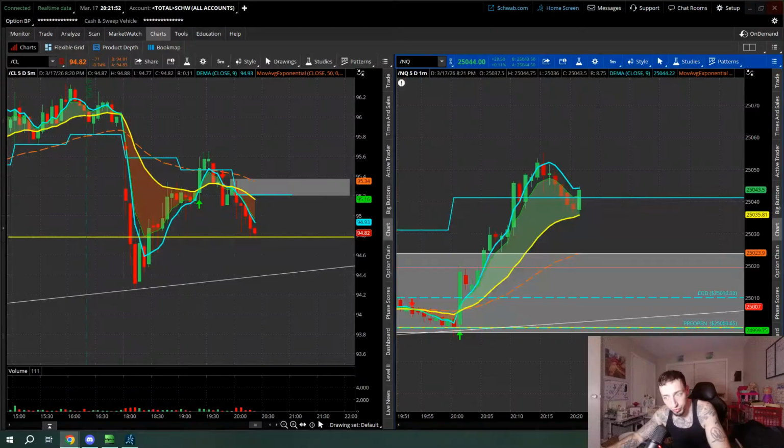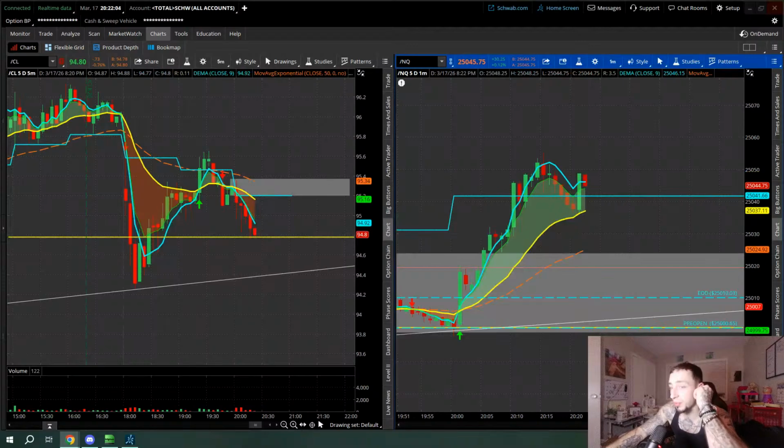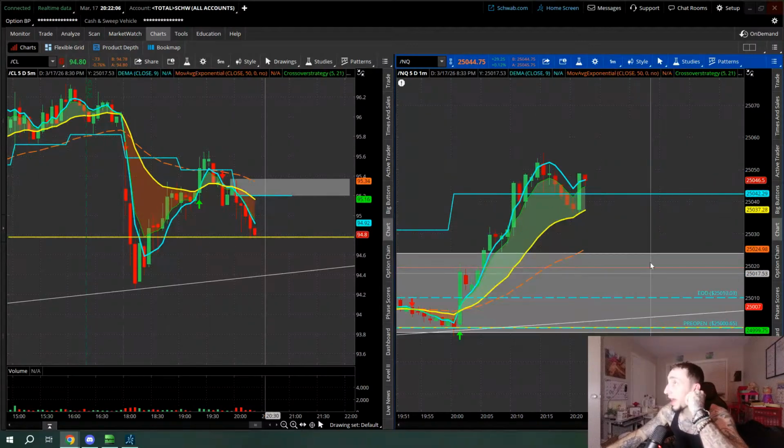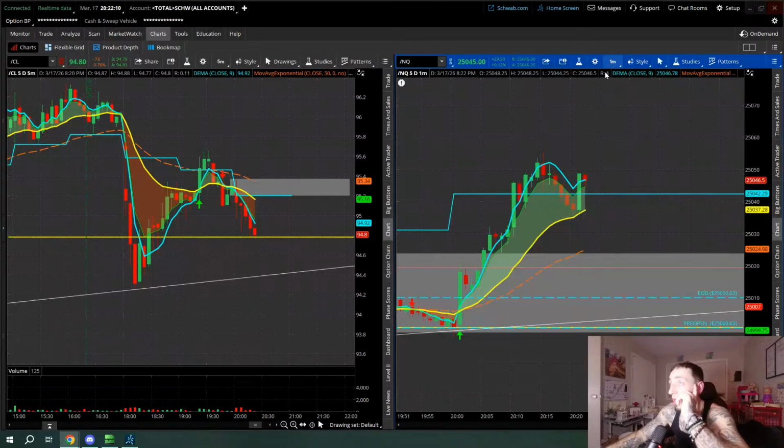Oh yes, right off the key level. How do I want to play this? Watch the pullback. I'm watching NQ, potential long play. Watch the pullback.